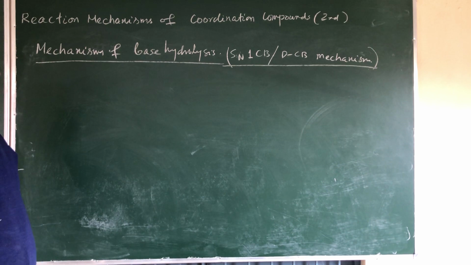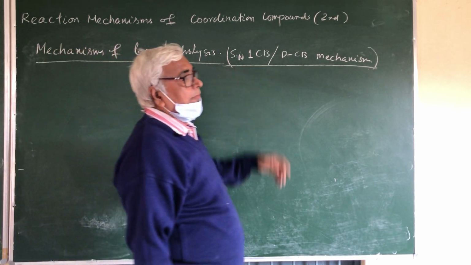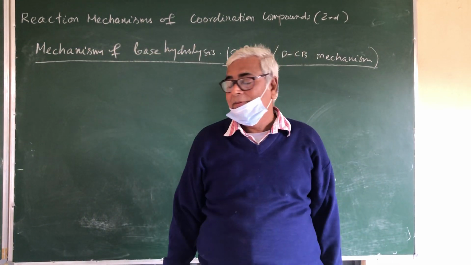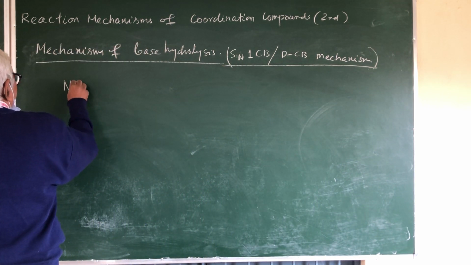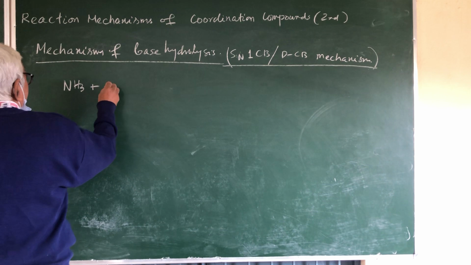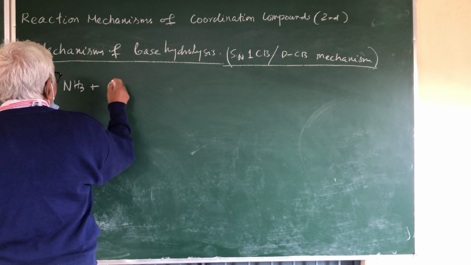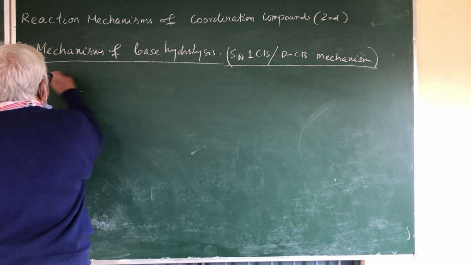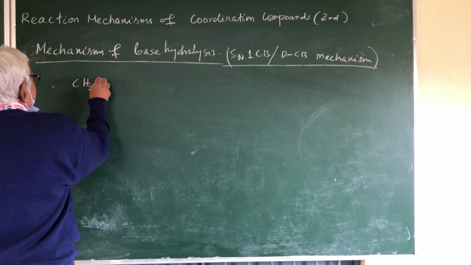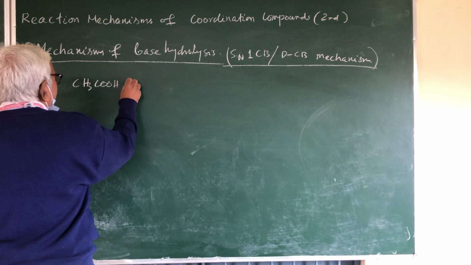So now we have to know what is the conjugate base. Suppose you take acetic acid plus hydroxide ion.